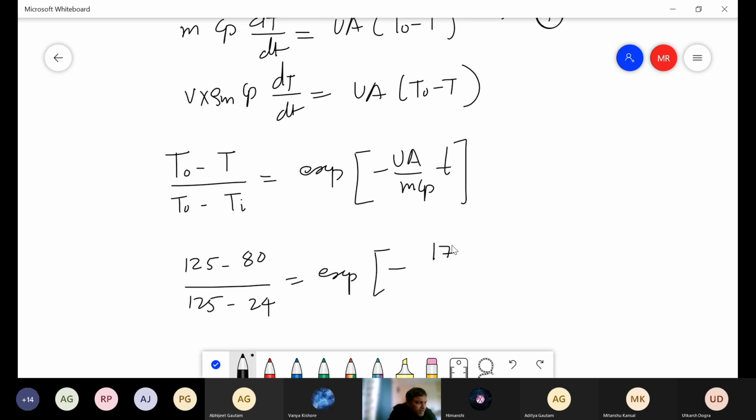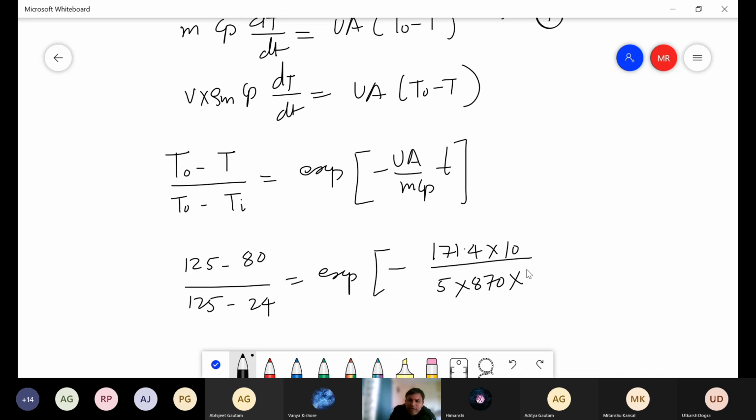171.4, that is what we have calculated. Area is 10 meter square, so that is already taken as it is. Mass is volume into density. Volume is already given, 5 meter cube, into density, which is 870. That will give you the mass, into Cp.